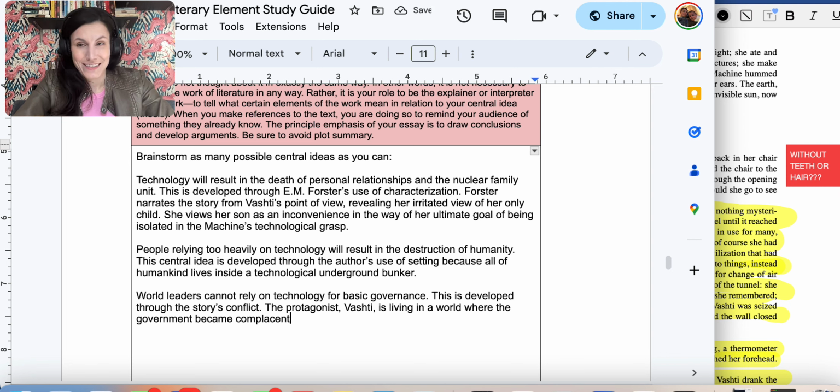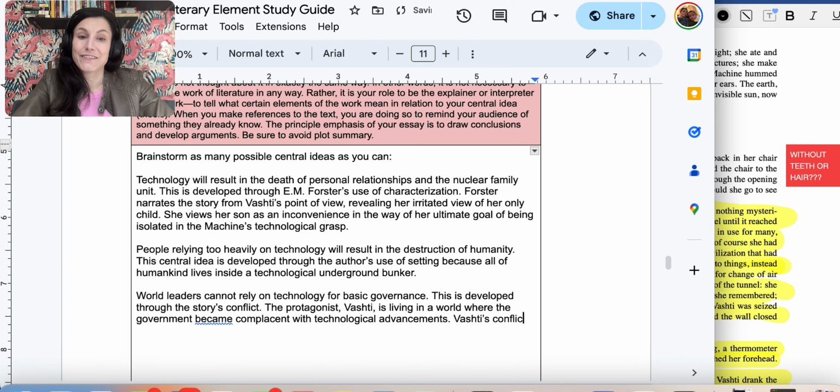And then we'll go on to say that the government stopped being innovative. No one had any new ideas. The government stopped being able to provide for the people because there weren't any qualified members to provide the services. So we can say, is living in a world where the government became complacent with technological advancements.